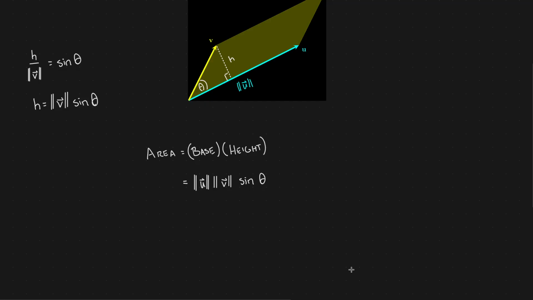All right? But hold up a moment. This formula looks familiar. We have norm of u, norm of v, sine of the angle between the vectors. In actuality, if we are in three-dimensional space, we have a simpler way to express this.